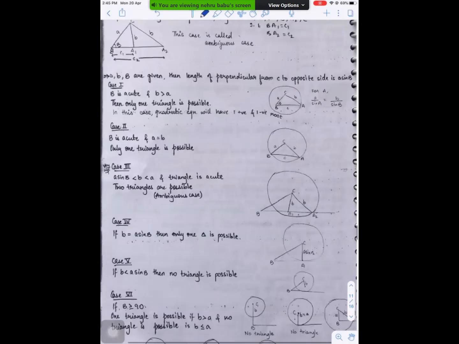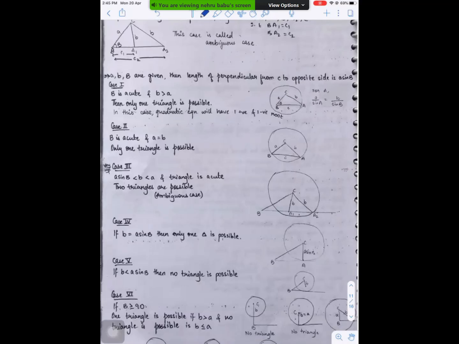Just see the situation. In all your classes, we discuss all these points. As angle B is given, and already we know BC length is a in that problem, so we are constructing a circle with a sin B as radius in all these situations.